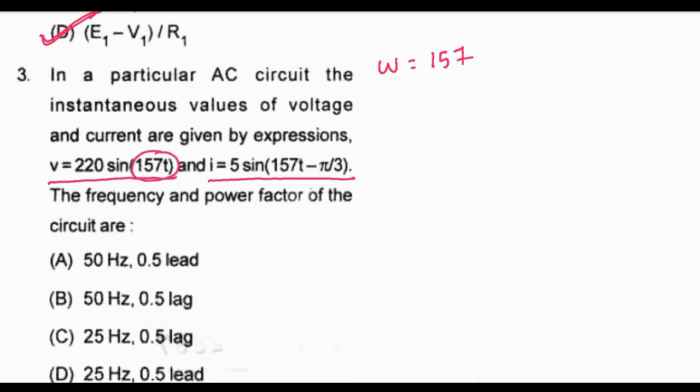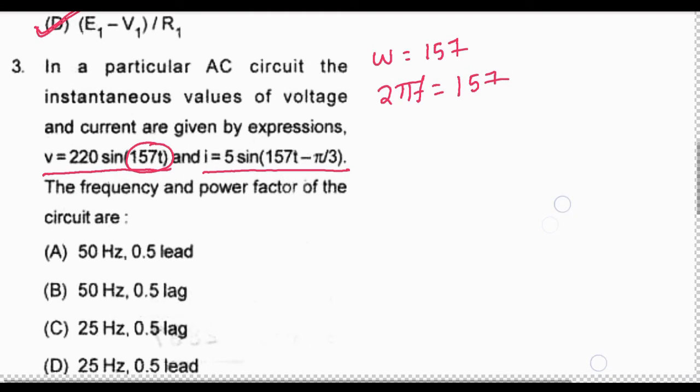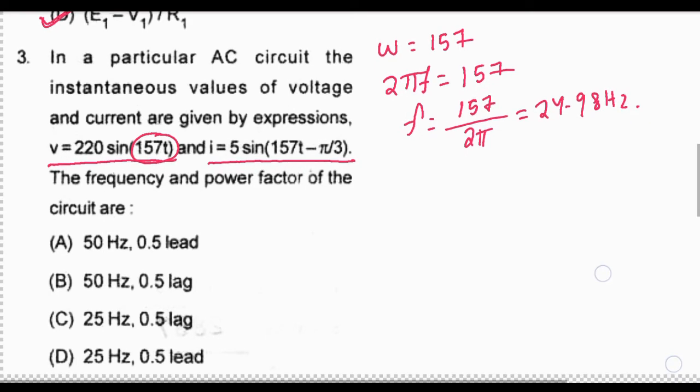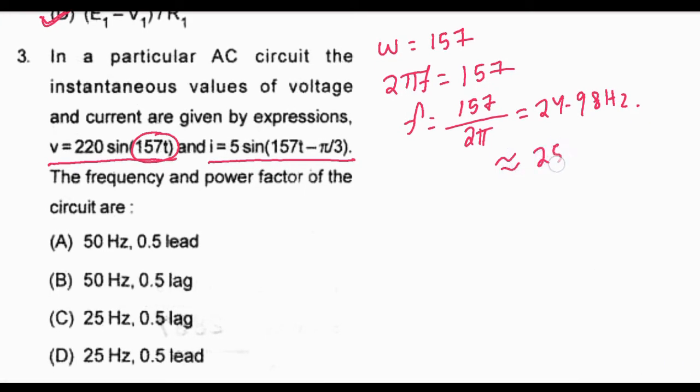What is omega? 2 pi f is the omega, equal to 157, so f will be equal to 157 by 2 pi, and this will be 24.98 hertz, nearly equal to 25 hertz.